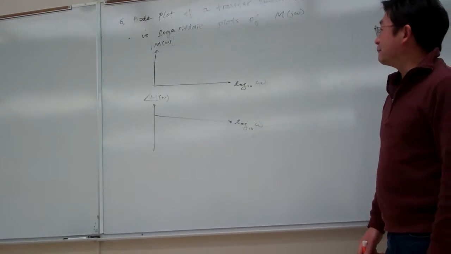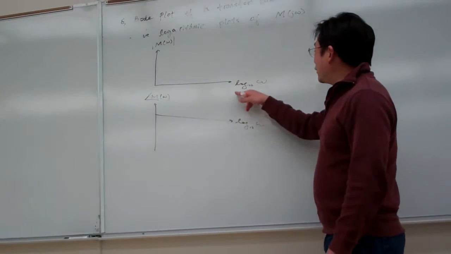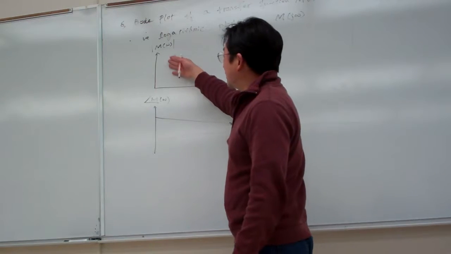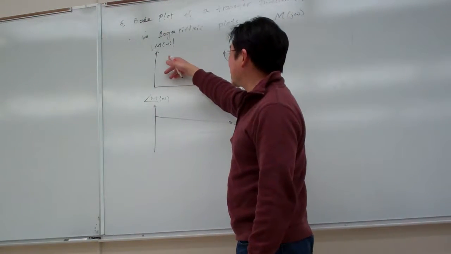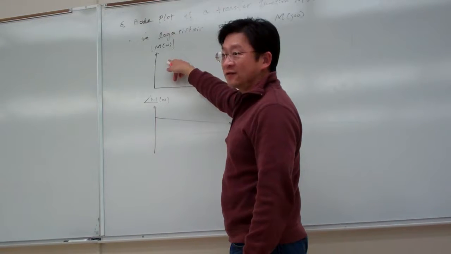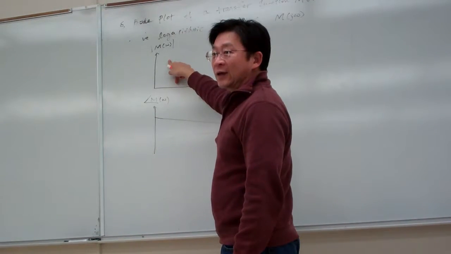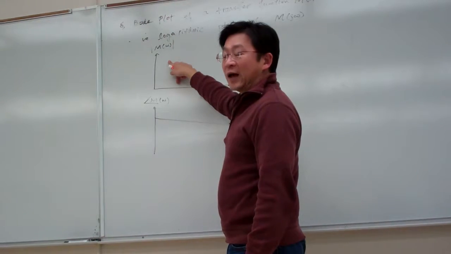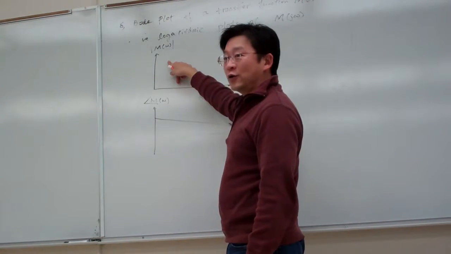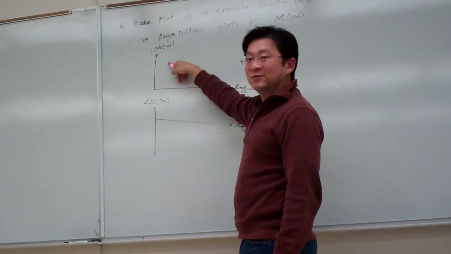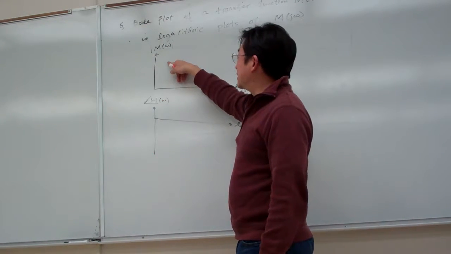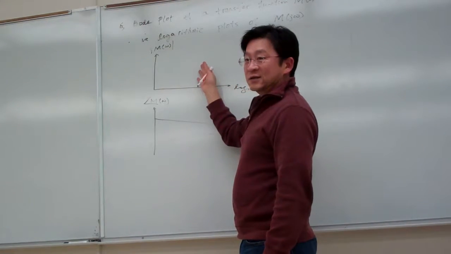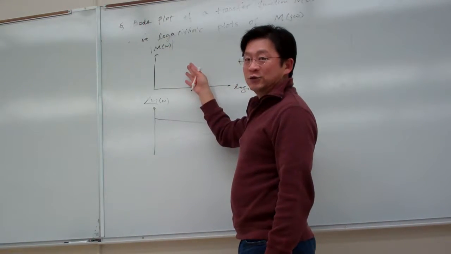Furthermore, not only do we take a log scale in the horizontal axis, in practice people also like to take a log scale in the vertical axis of the magnitude as well. And the major reason, I guess, and I don't have direct evidence but that's my guess, is that the variation of the magnitude of a typical system is large.